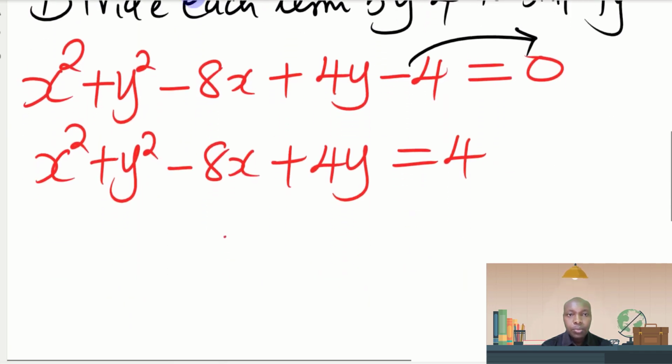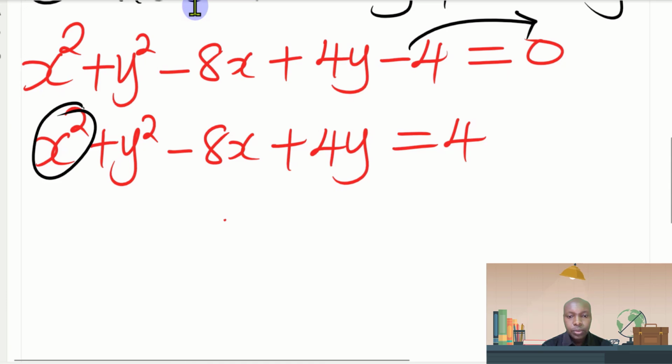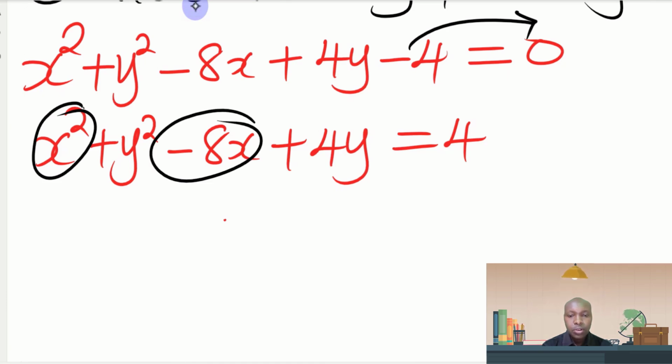The next step will be to reorganize this equation in order to have two quadratic expressions.